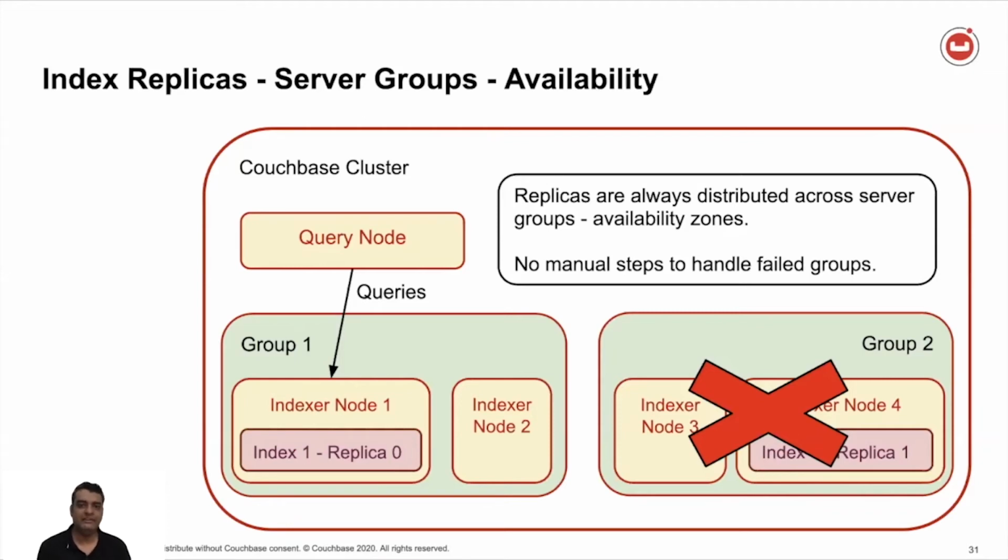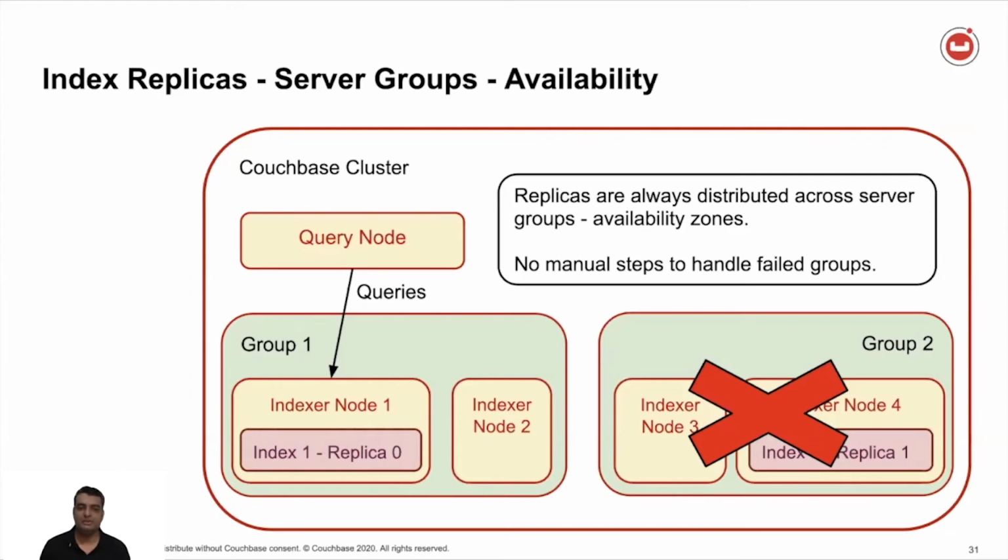What it means is, if one server group goes down, where all the nodes in that particular server group can fail, the other server group can be available at the same time. So at the time of index replica distribution, the indexing service ensures that index replicas are always distributed across all server groups. In this particular example, there are two server groups.